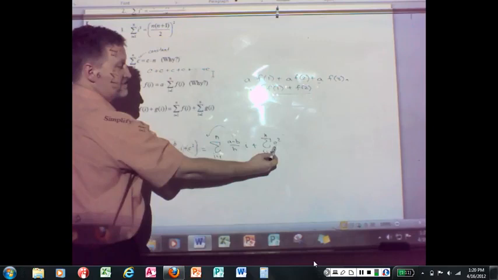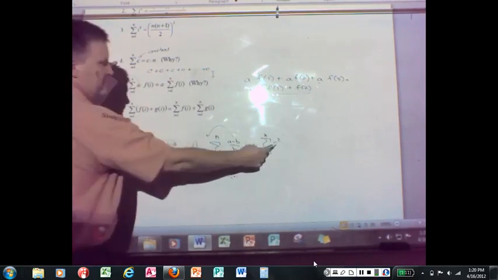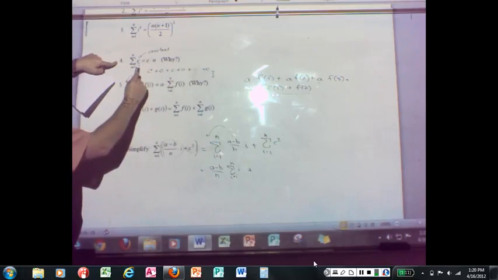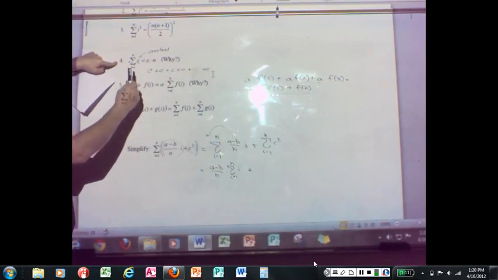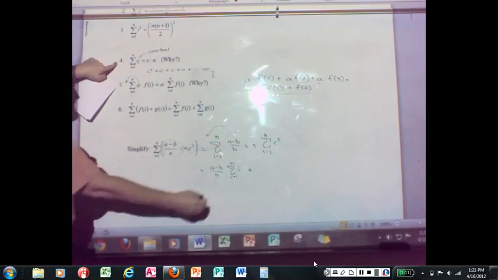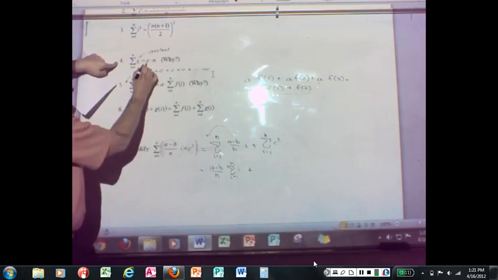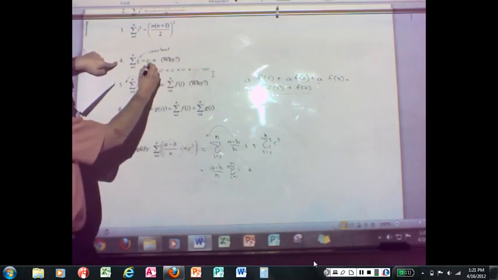This is just c squared. Isn't that just a constant squared? Don't let the squared fool you. This one's just like number 4. Now it's c squared instead of c. But c squared is just as constant as c is, right? So this is just a constant summed out. So what is it? Constant times n. c squared times n.